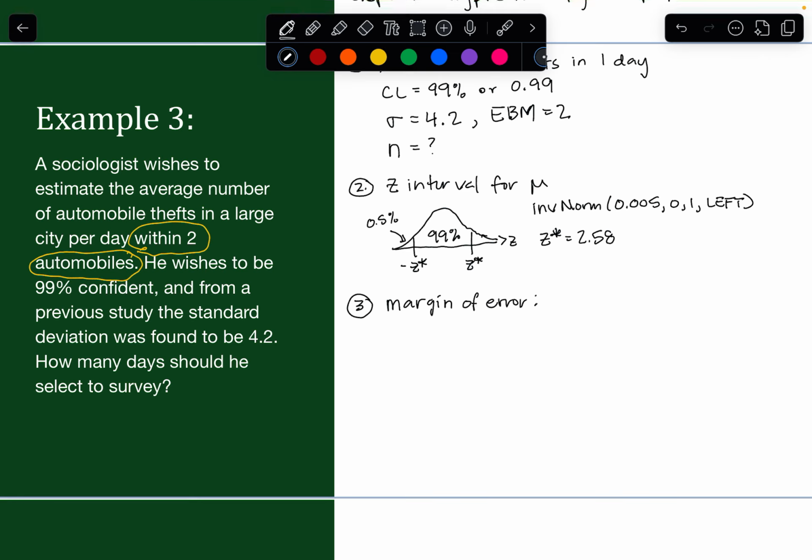We know the margin of error is called the EBM, and we know that it's the critical value, Z star, times the standard error, sigma over square root of n.